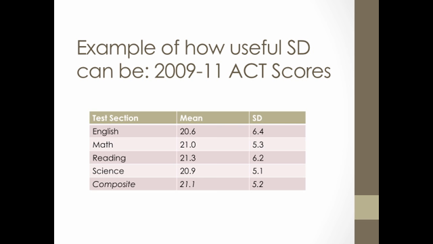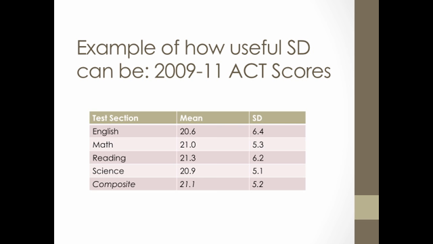And using that 68%, 95%, 99% rule, applying that to these data, we can look at the English test and say, all right, given that the standard deviation was 6.4 and the mean was 20.6, we know that about 68% of students will score within plus or minus 1 standard deviation of the mean.